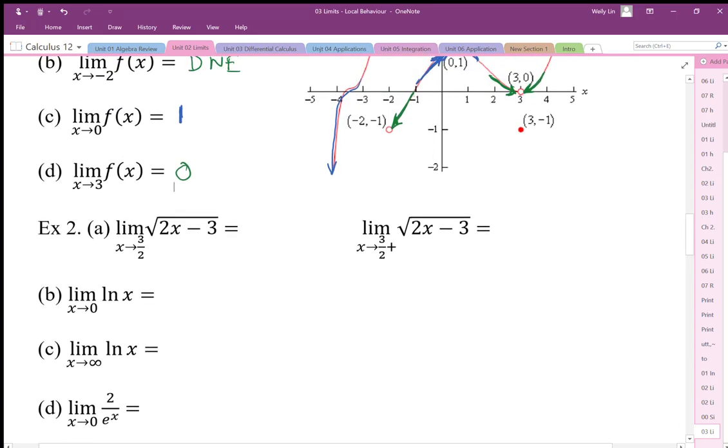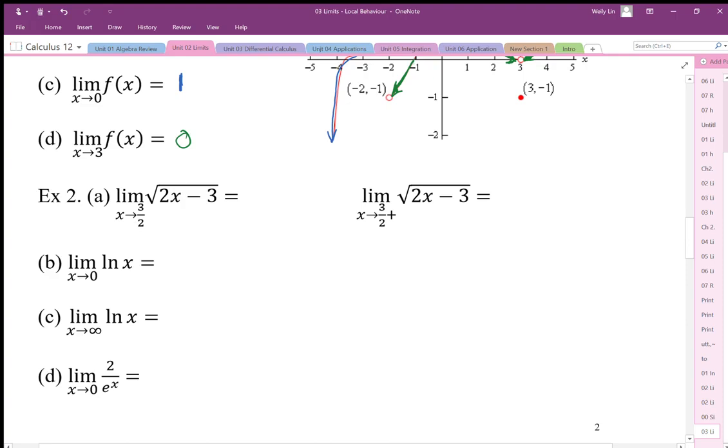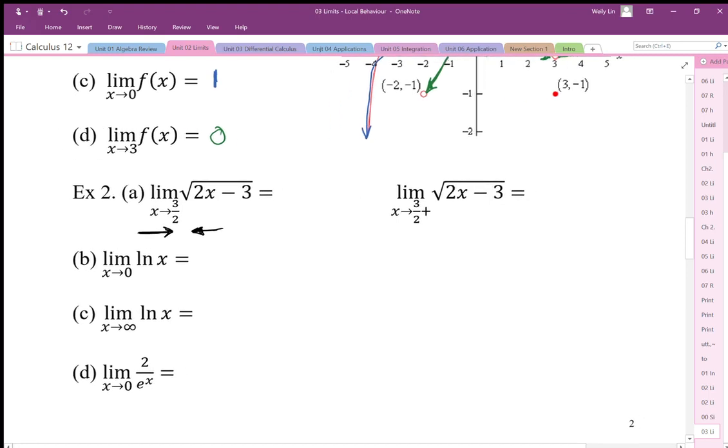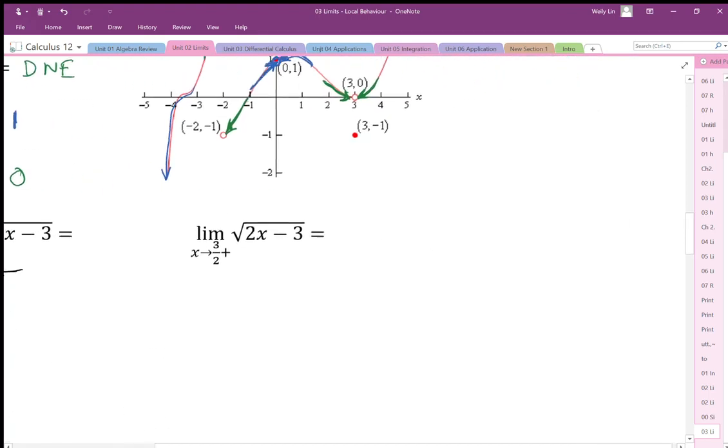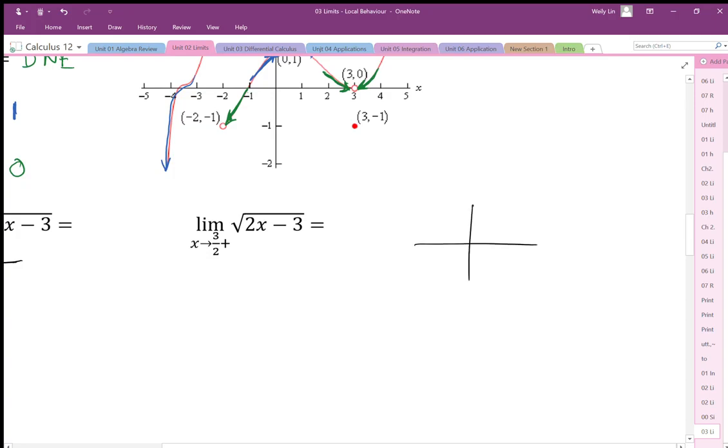So looking at these algebraic limits, how do we deal with these? If I talk about the limit going to this square root function, 3 over 2 is going to give me 0. The problem is this implies that I'm approaching that coordinate from both sides. I'll just sketch the square root function over here. There's our 3 over 2.